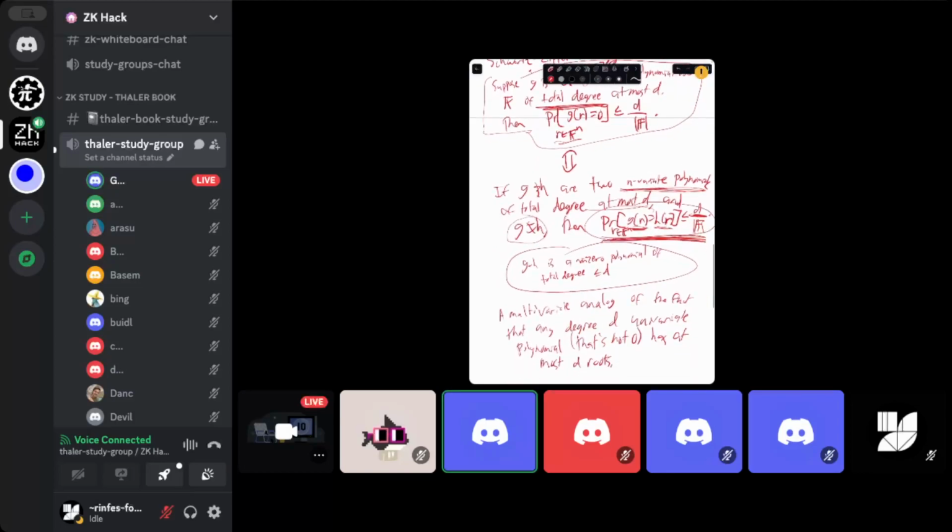Okay, questions about Schwartz-Zippel? I have one, maybe it's stupid, but just for the intuition: if this random value would be the same for each of the n variables, how would it change things?